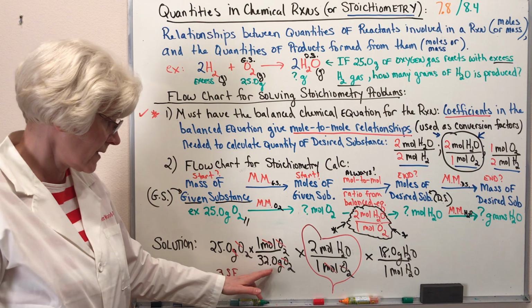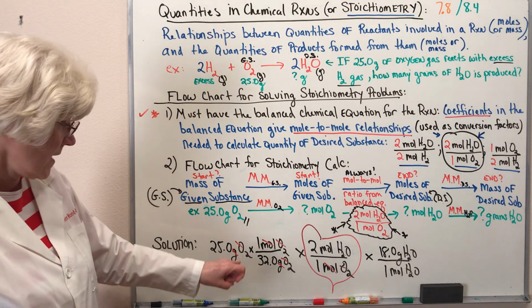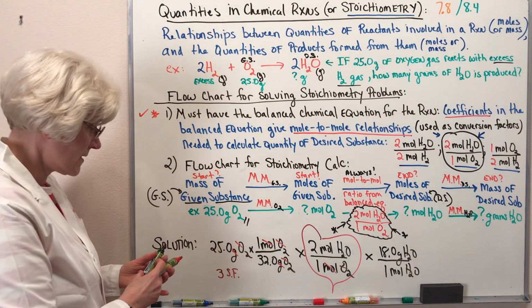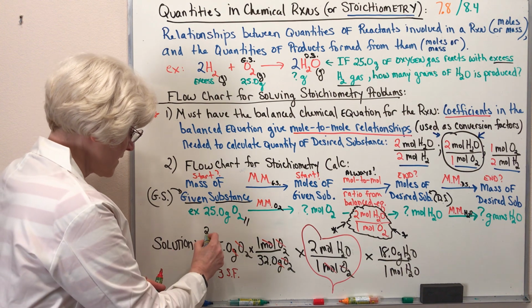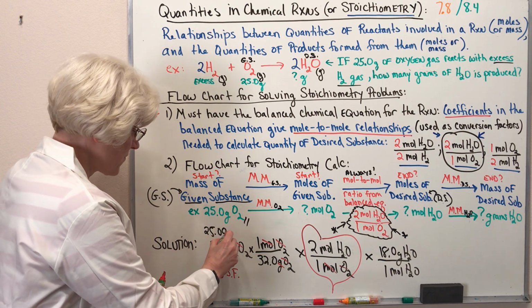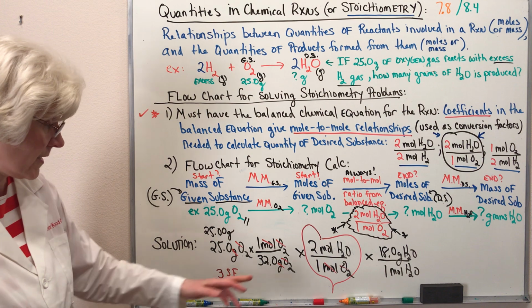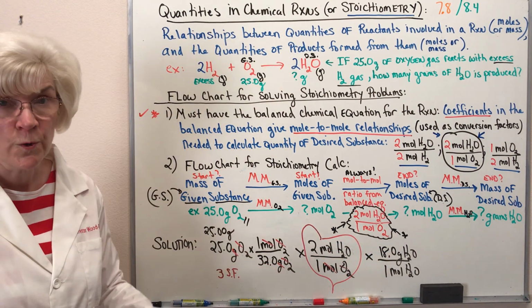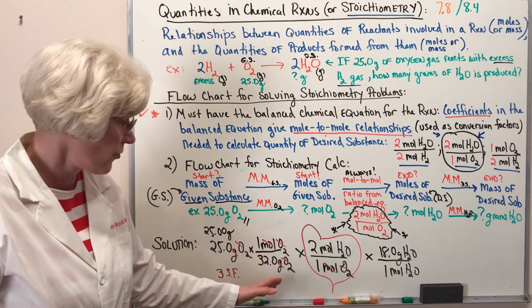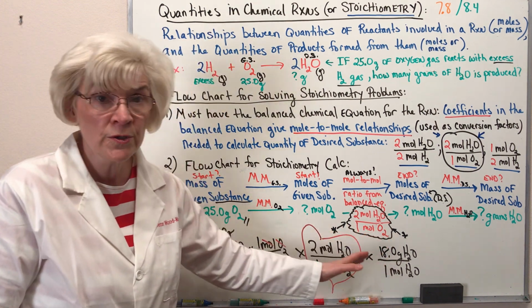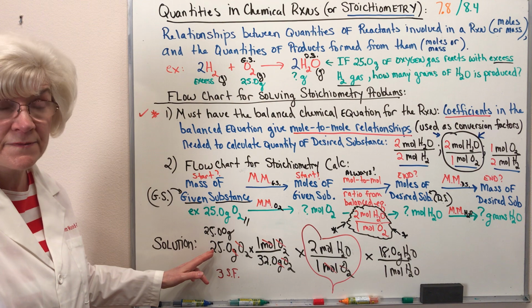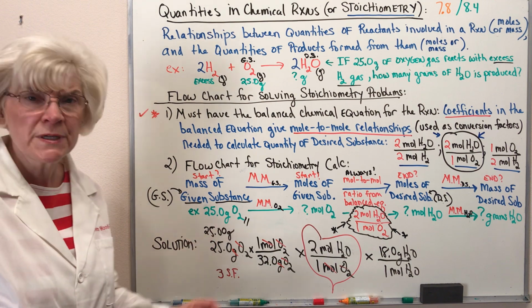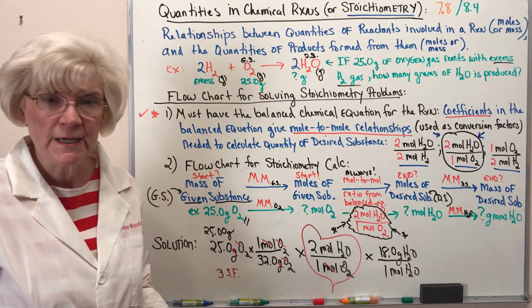I always use at least 3 sig figs. But if I had given you this data to 4 sig figs, 25.00 grams of oxygen, then you would have needed to use molar masses to 4 sig figs. So you correlate the sig figs of the molar mass with the sig figs of the data provided, but don't go less than 3 sig figs.